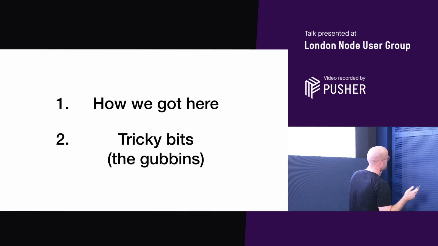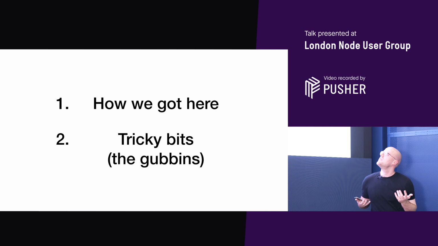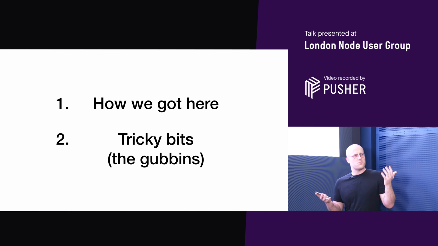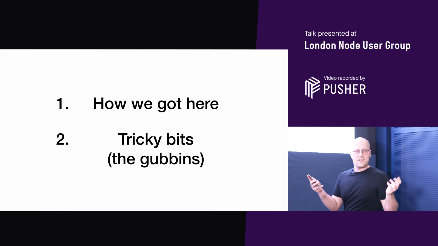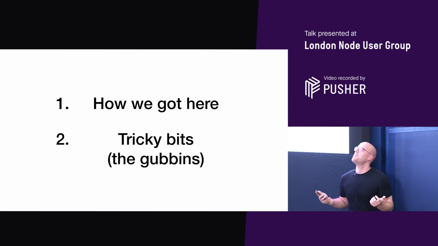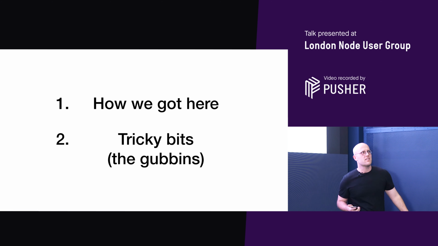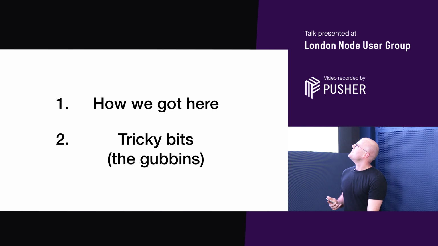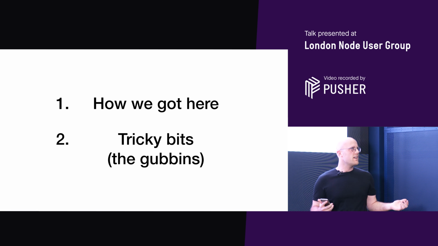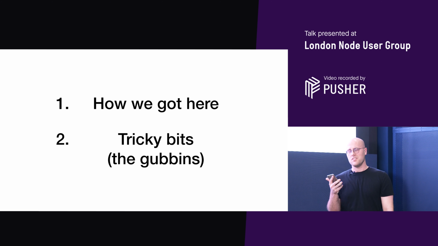In this talk, I'm going to go over the history, how we got to this point with modules and why it's a little bit weird. Then I'm going to talk about the tricky bits, the gubbins. The second bit is a little bit dry because I'm talking about a spec. There's not much I can do about that.